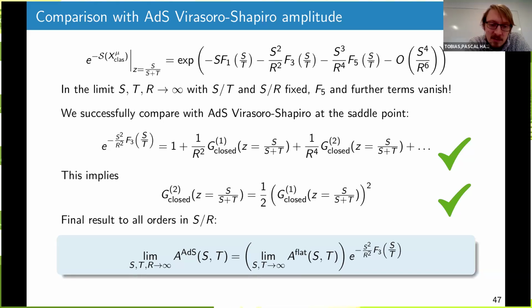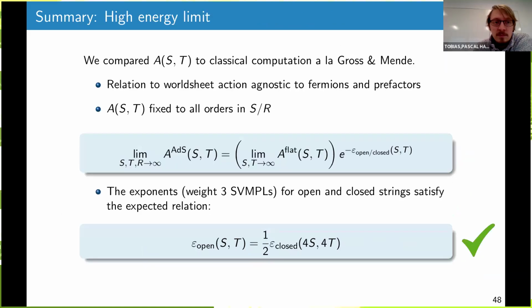So we get a result to all orders in S over R, which is that this high energy limit is the flat space high energy limit times this exponential correction. So let me sum up the high energy limit part. We managed to relate the high energy limit of the Virasoro-Shapiro amplitude to a worldsheet action, where we could ignore many details like fermions and prefactors.